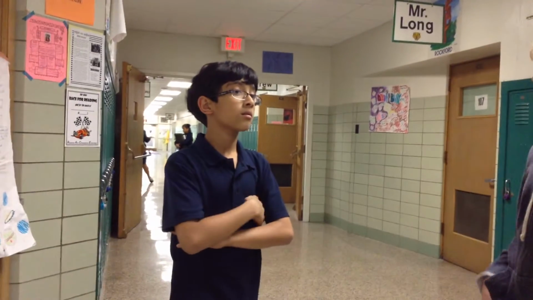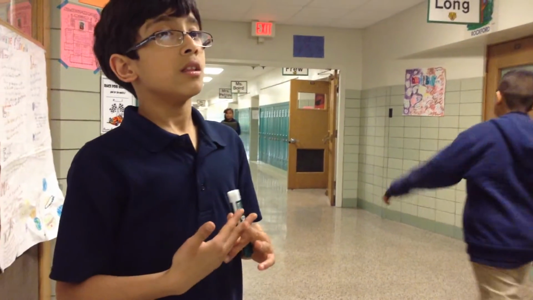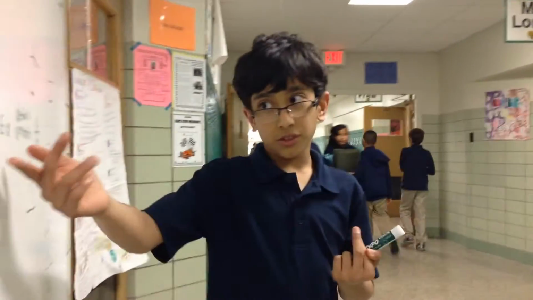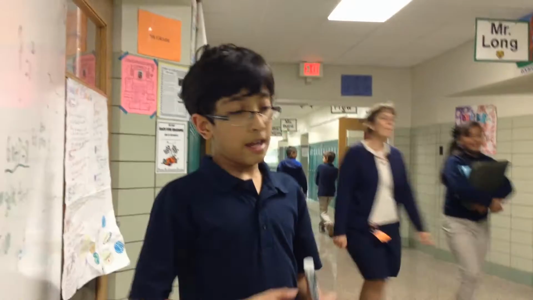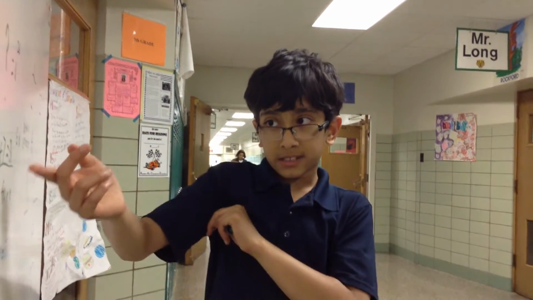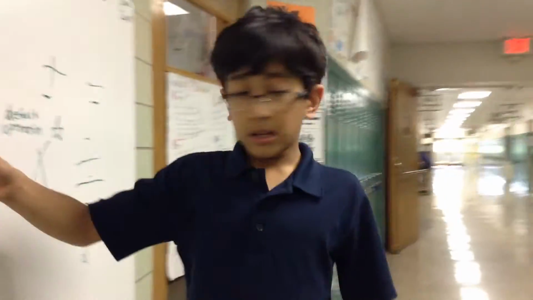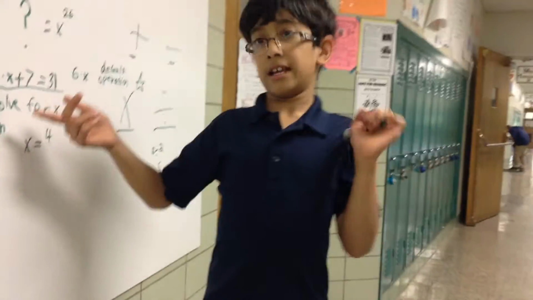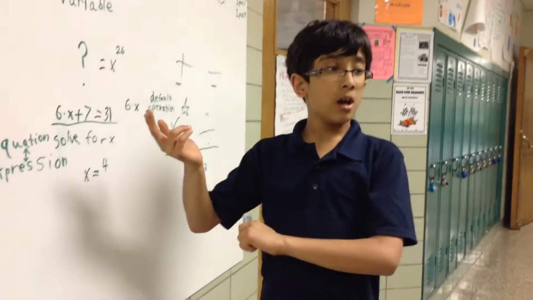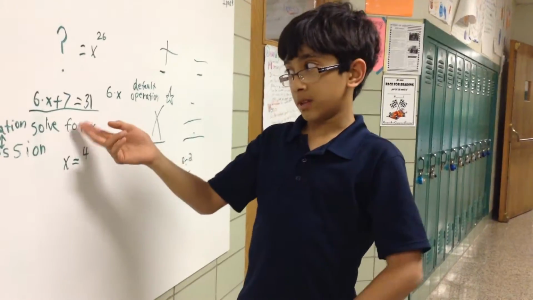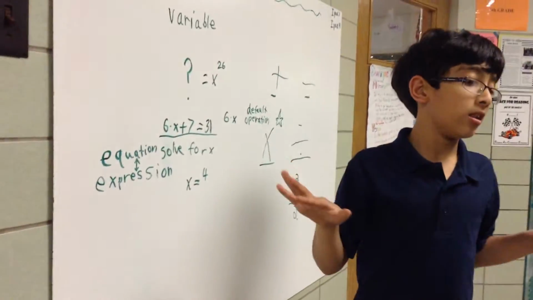Let's just say when you're grown up and you're supposed to get a number of money, like $31, and you get 6 times a number, or 4 plus 7, is your $31.